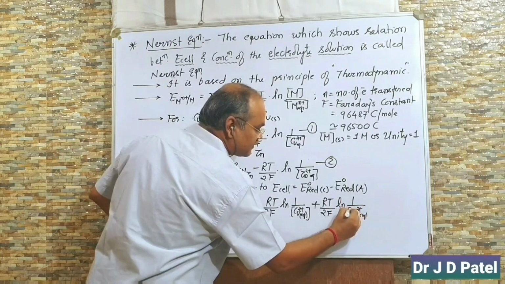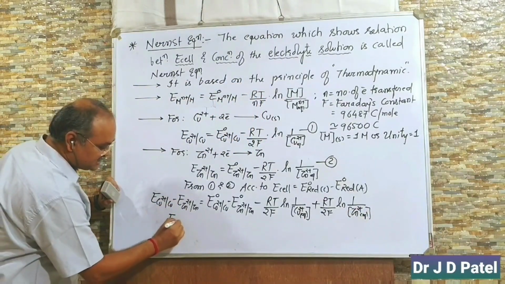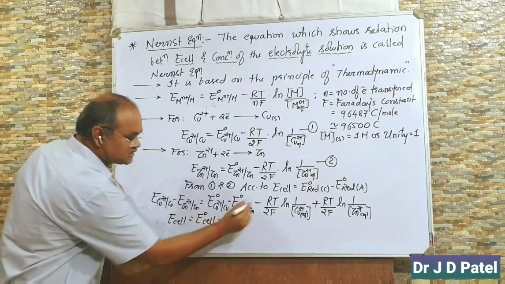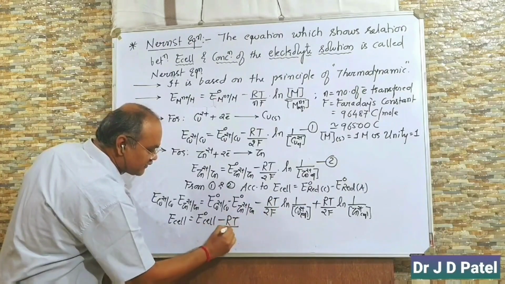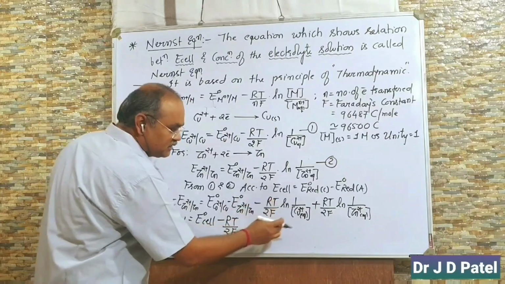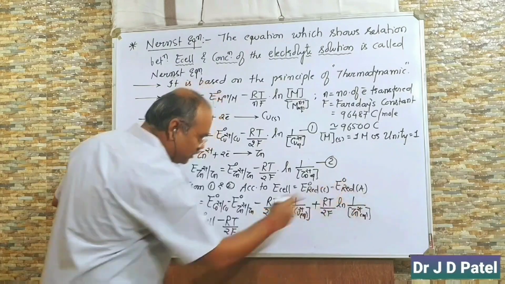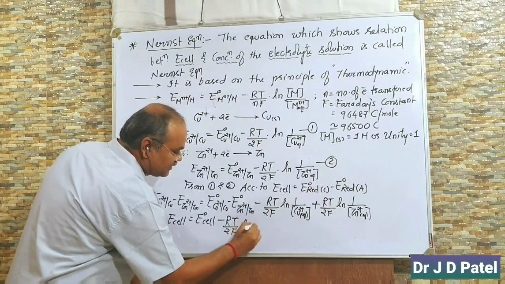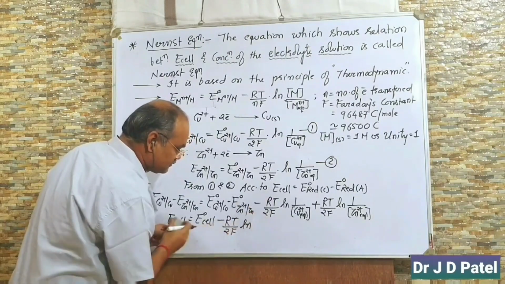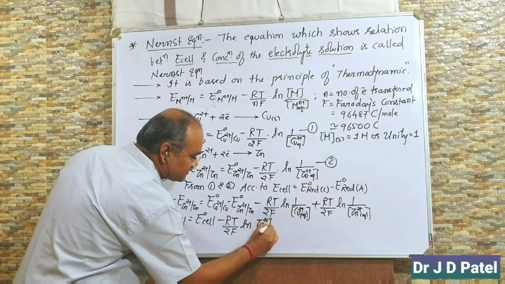Clear? So now this I can write as E cell. This I can write as E0 cell minus RT by 2F. And if I take out minus RT by 2F as common, then this will become plus and this will become minus. So this will go up. So your final answer will be ln, RT by 2F is common, Zn2 plus oblique Cu2 plus.